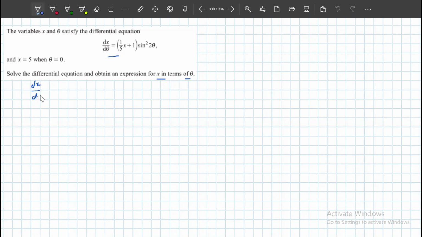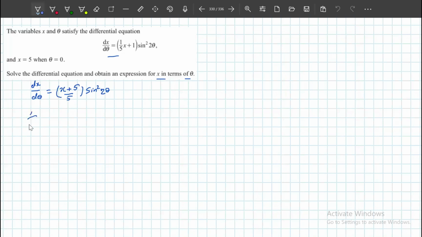dx over d theta is equal to, here we can write (x plus 5) over 5 sine square 2 theta, and then we will try to separate by taking (x plus 5) over 5 to the other side.